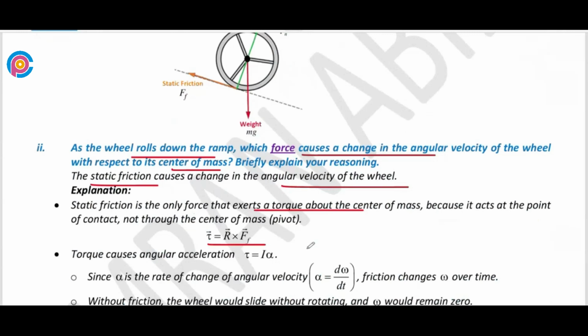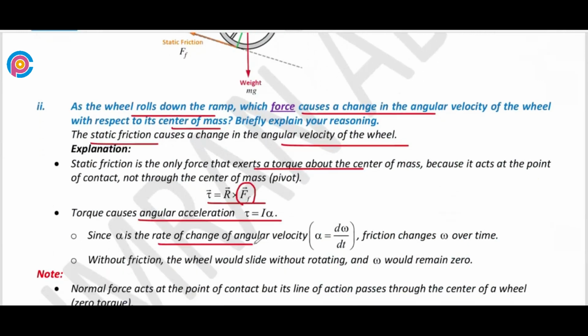Torque is equal to r cross F, here the force of friction. Torque causes angular acceleration: tau equals I alpha, where alpha is the rate of change of angular velocity. Without friction, the wheel would slide down without rotating and omega would be 0.